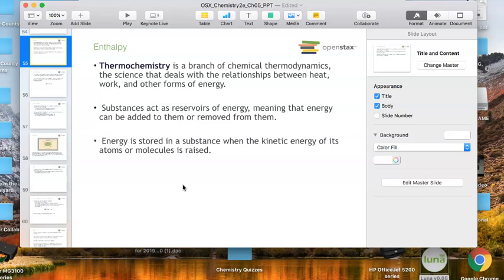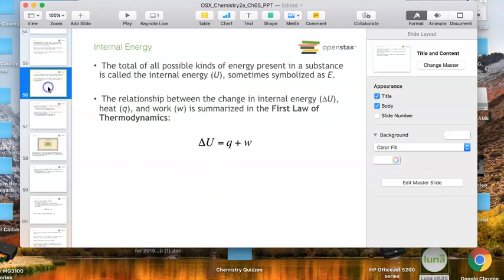So energy is stored in a substance when the kinetic energy of its atoms or molecules is raised. So there's a type of energy called internal energy.